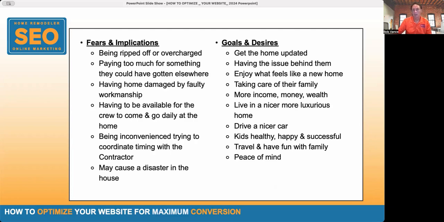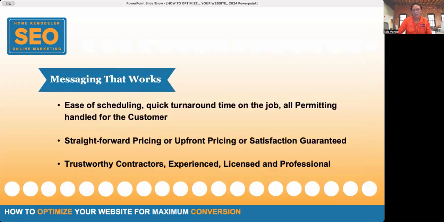Now, understanding what is exactly driving their decision to remodel is really key, and then base your messaging and your dialogue and your whole conversation around that, like being a good listener. We hear that a lot, right? And so then it's critical that you're crafting your message around those factors.